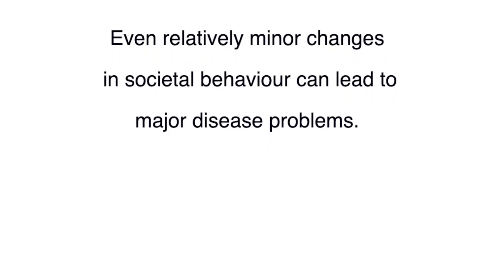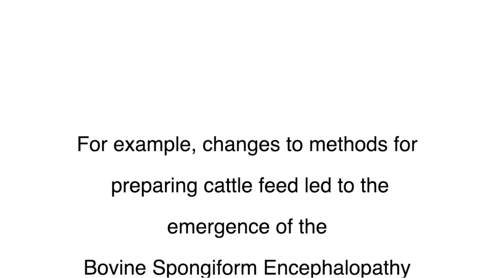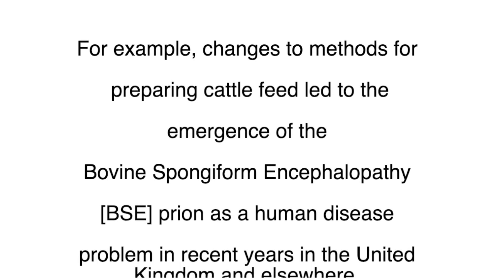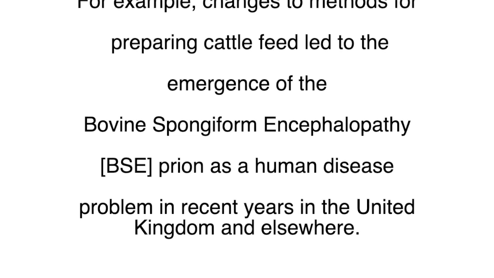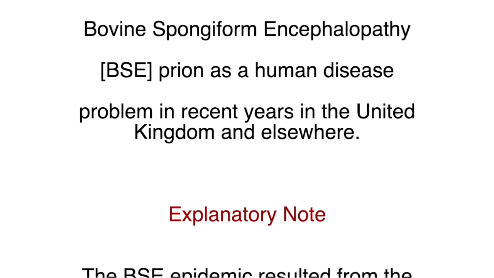Even relatively minor changes in societal behavior can lead to major disease problems. For example, changes to methods for preparing cattle feed led to the emergence of the bovine spongiform encephalopathy (BSE) prion as a human disease problem in recent years in the United Kingdom and elsewhere.